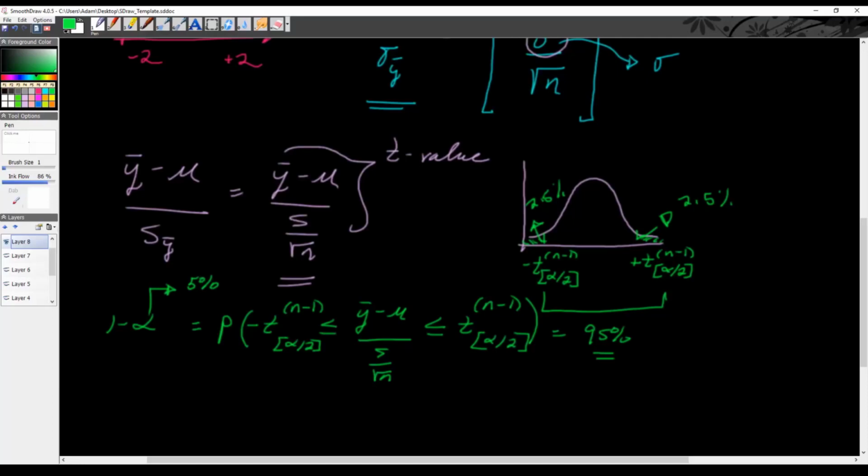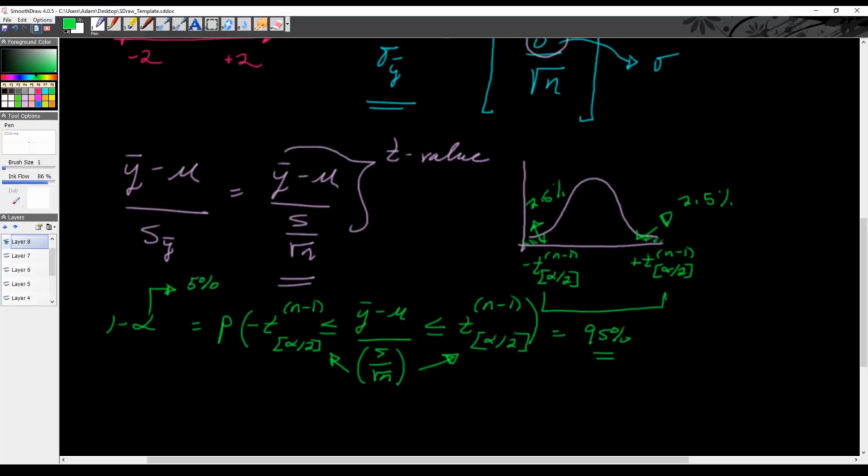So I can multiply this inequality by this quantity, and then add or subtract the mean from both sides, and then multiply everything by -1 to obtain the confidence interval.